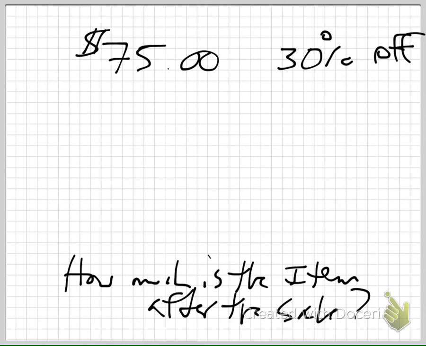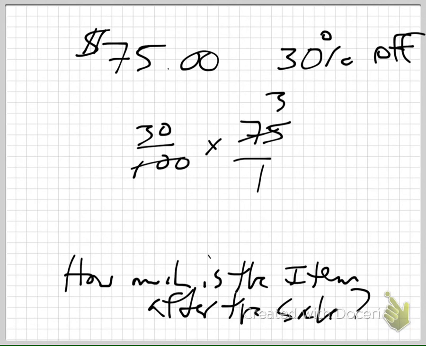So let's figure it out. 30% off. In order to find 30% off, I have to find 30% of $75. How do I write down 30%? 30 over 100 times $75. Can I reduce anything? 90 over 4.